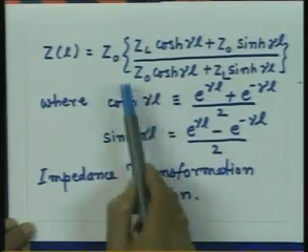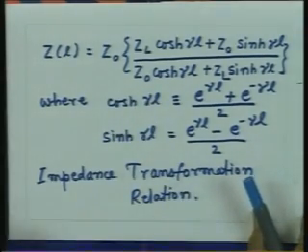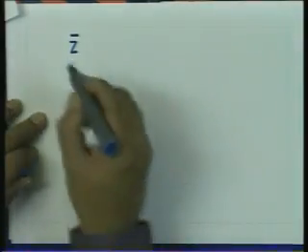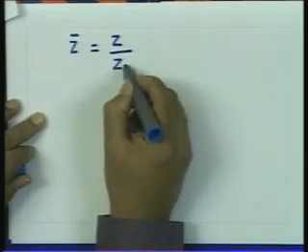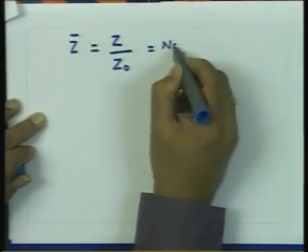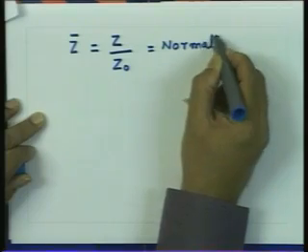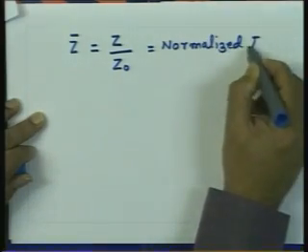So, the expression which I have for impedance transformation can essentially be written in terms of the normalized impedances. Let me define the normalized impedance by a bar. So, any impedance which is normalized, denoted by bar, is equal to the actual impedance Z divided by the characteristic impedance. This is what is called the normalized impedance.